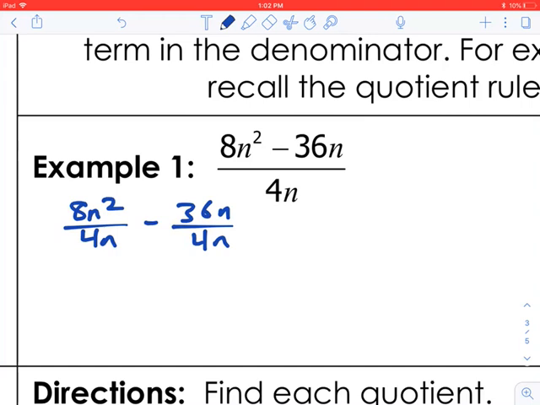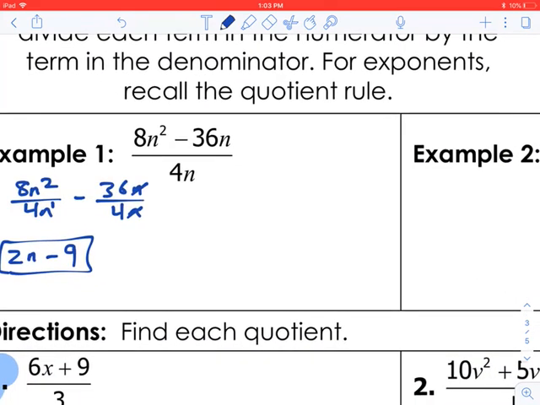So 8 divided by 4 is 2, and then 2 minus 1 is 1, so n to the first, or just n. Minus 36 divided by 4 is 9. n divided by n, there's nothing left, and that's my final answer. Okay, that's one way to do it.